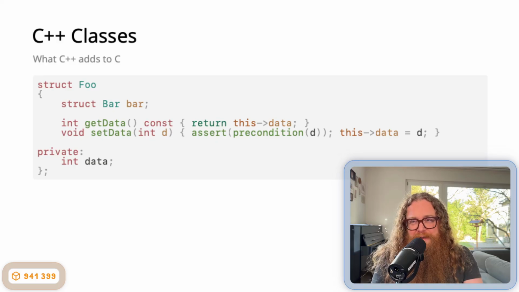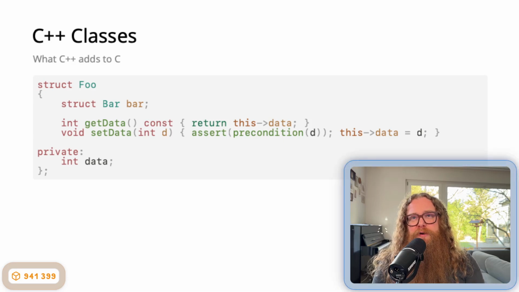And we now have implemented an invariant that the state of the class itself always satisfies the precondition check of the value that was set through the setData function. All the other members, that means the bar data member and also the getData and setData member functions, are publicly accessible, right? There's no access specifier for them, but since foo is a struct and the default access specifier for structs is public, those members are public, of course.